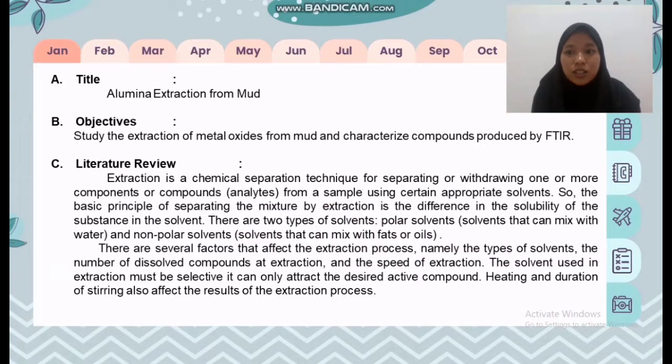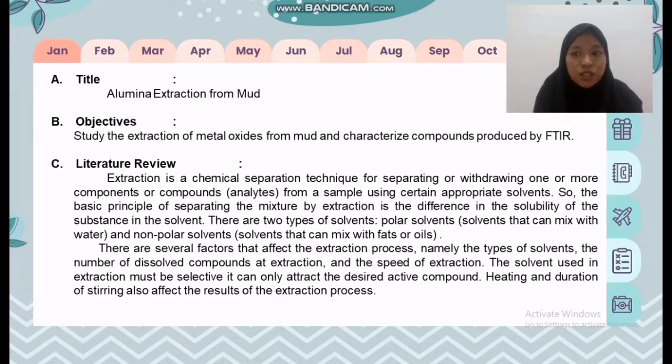The next is Objective. Study the extraction of metal oxide from wood and characterize the compounds produced by FTIR. Extraction is a chemical separation technique for separating or withdrawing one or more components, compounds or analytes from a sample using certain appropriate solvents.